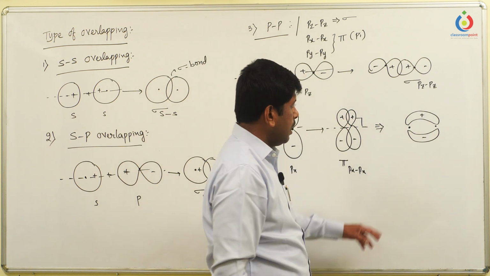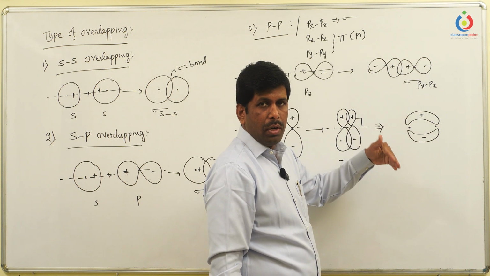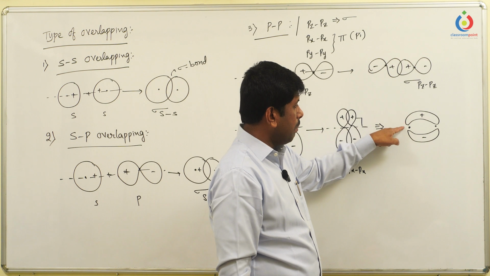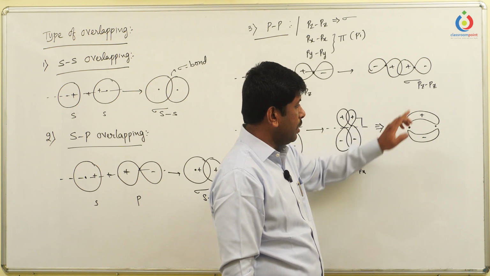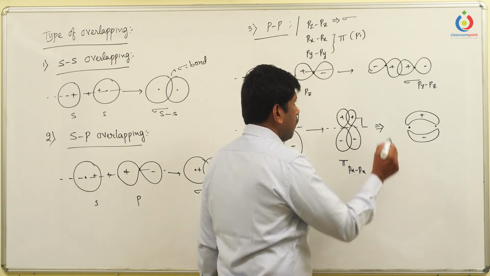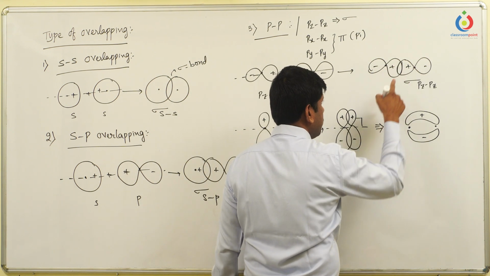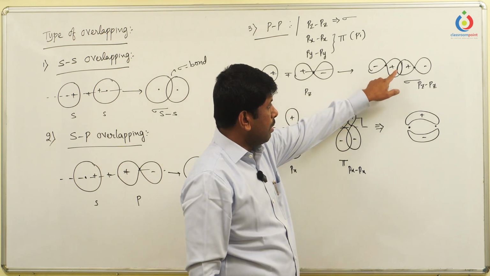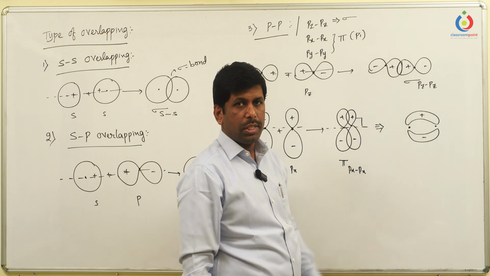That means in the case of the pi bond, the electron cloud, the bonded or shared electronic cloud, is present above and below the internuclear axis, away from the nucleus. In the sigma bond, the overlapped zone is located on the internuclear axis, close to both nuclei. So in sigma bonds, the nuclear concentration on the bonded electrons is more.